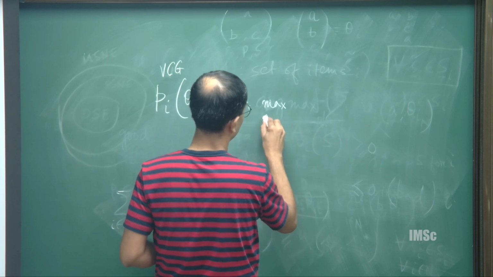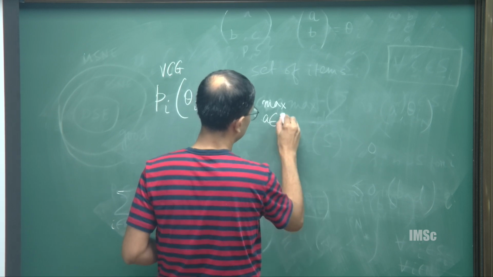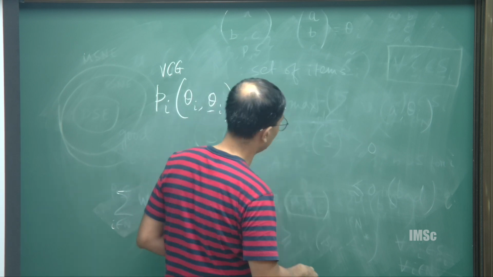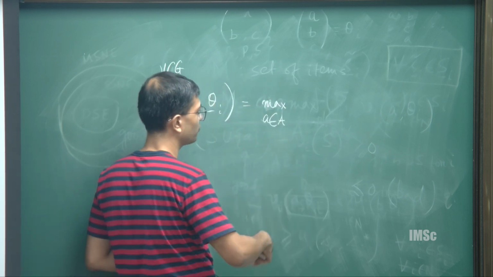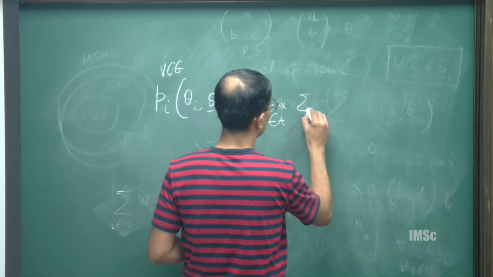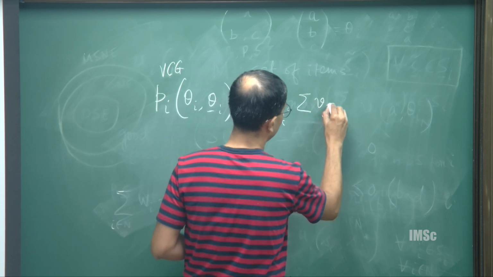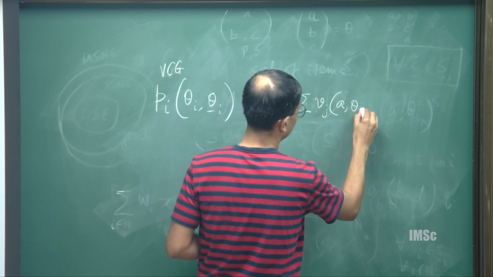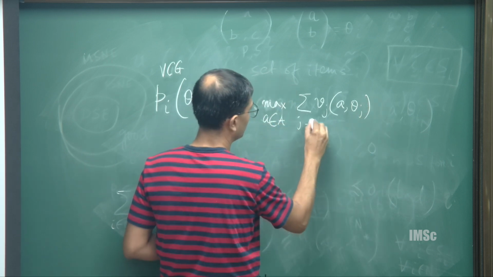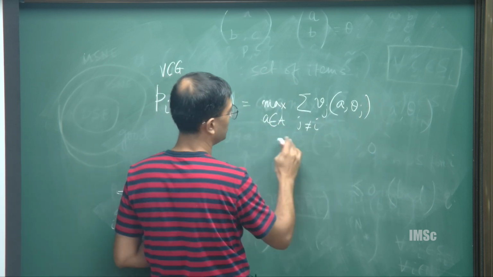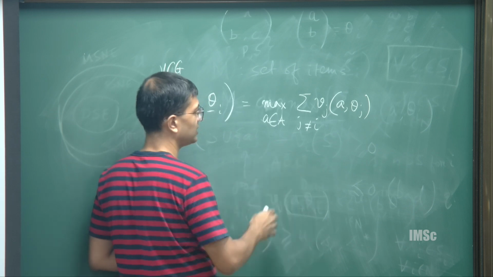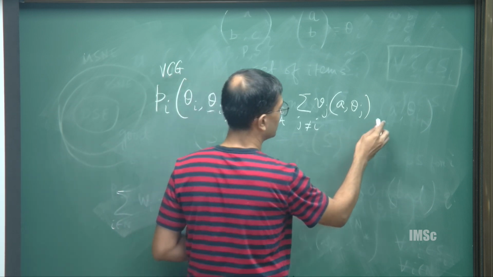over A. So the allocation set has of course changed because there is one less agent, but the number of slots still available is the same. So we look at the valuations of all the agents, the allocation and theta j, where j is not equal to i. So this is the problem of maximizing the sum of the valuations excluding agent i altogether.